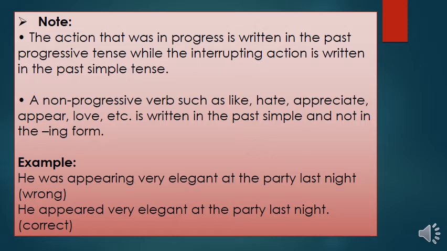And non-progressive verbs such as like, hate, appreciate, appear, these are called stative verbs, are written in the past simple and not in the ing form. For example, he was appearing very elegant at the party last night. This is wrong. He appeared very elegant at the party last night. So stative verbs are not used in the ing form.